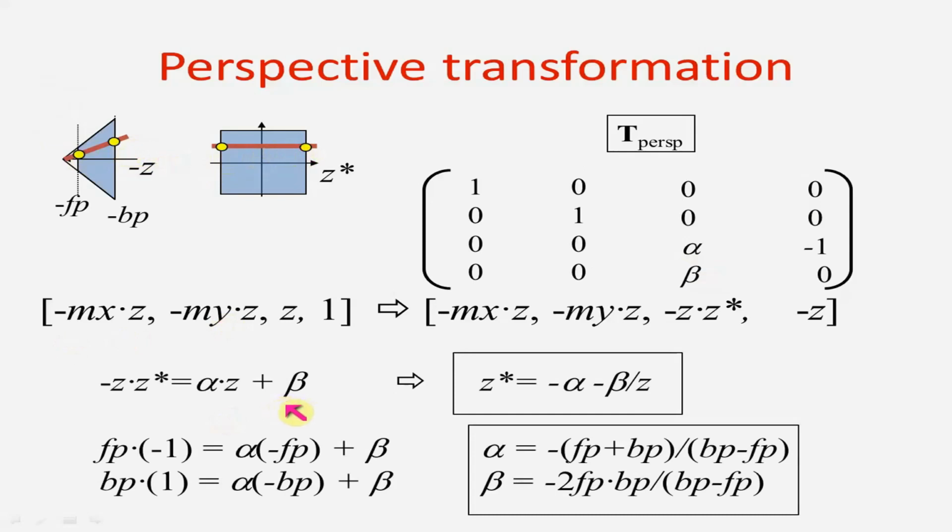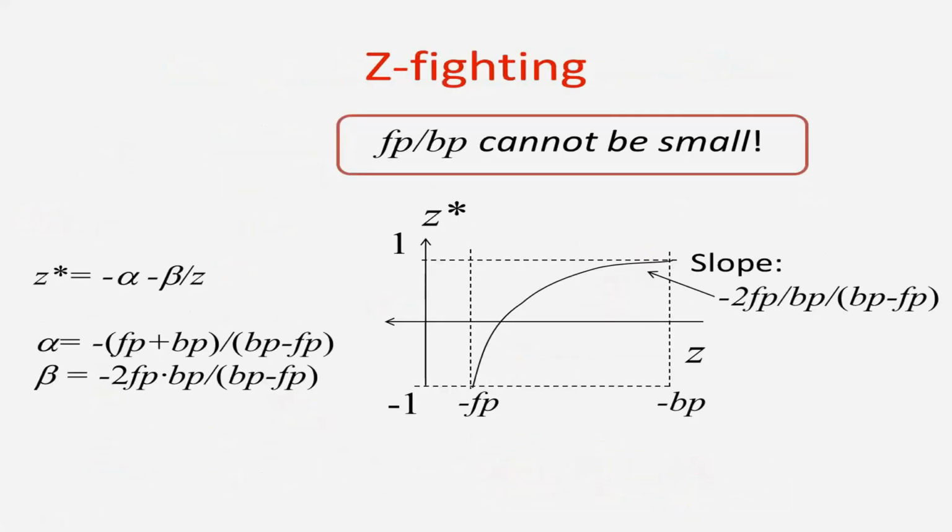So we establish an equation for the unknown alpha and beta parameters, solve it, and eventually we can express the alpha and beta parameters with the front clipping and back clipping distances. Note that the expression of transformed z star coordinate is a function of z, which is nonlinear. We knew it from the very beginning that it cannot be linear.